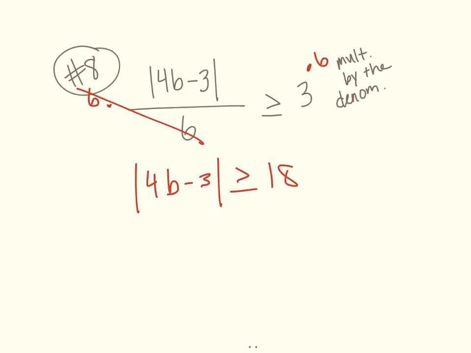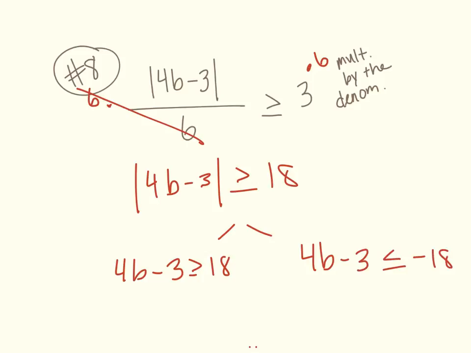Now the only thing on the left-hand side is your absolute value, and you can break it up into both inequalities. So you have 4b minus 3 is greater than or equal to 18. That's your original. And then you flip your inequality and change the sign. Don't flip anything on the left-hand side, only flip the right-hand side value.